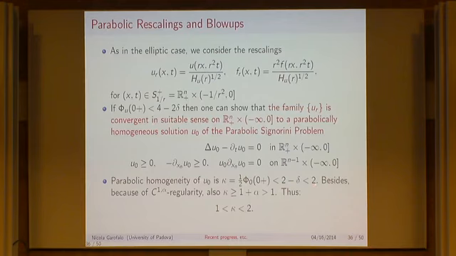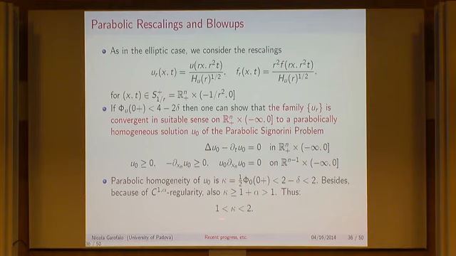Moreover, we already know C1 alpha regularity by Arkhipova and Uraltseva, and therefore kappa has to be bigger than or equal to 1 plus alpha, which is strictly bigger than 1. So this already tells us that kappa has to be between 1 and 2.